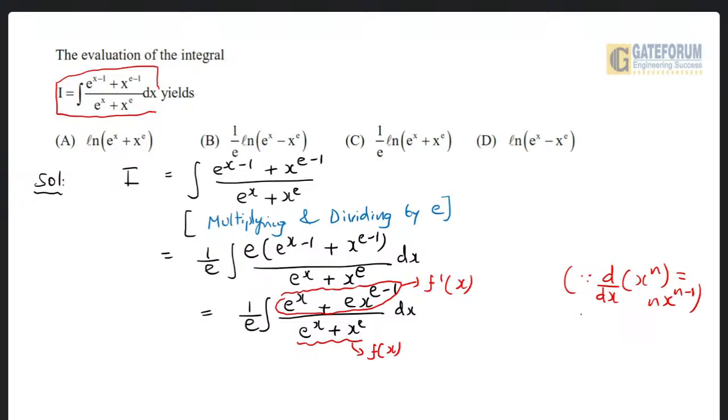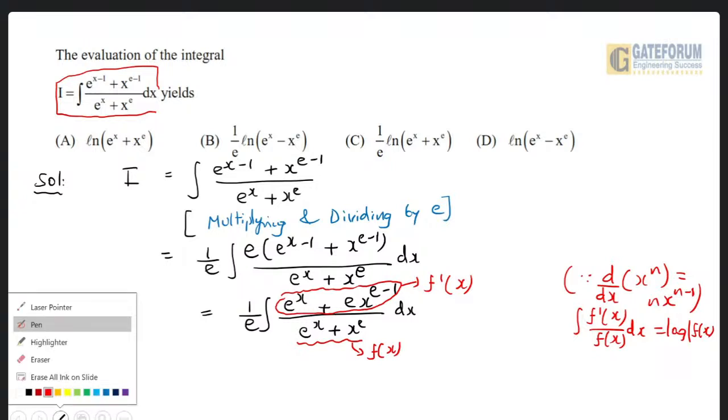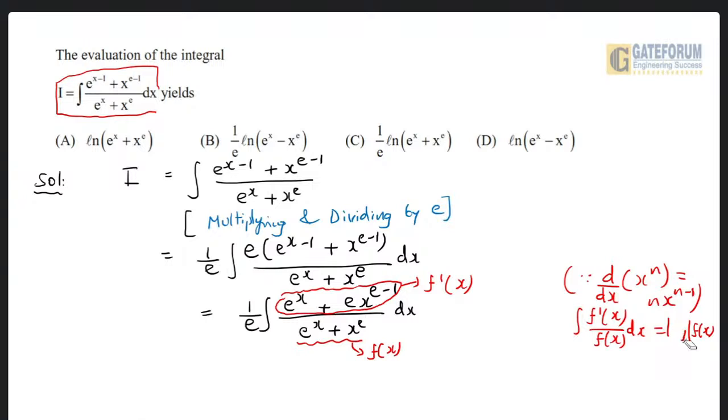So the integral of f dash x by f x dx is equal to log mod f x. Log means natural logarithm here; when the base is not mentioned, it is ln only.